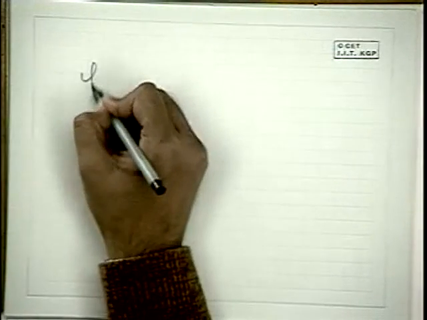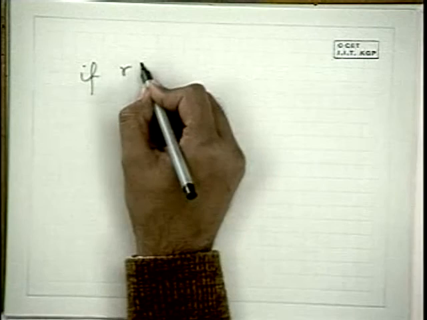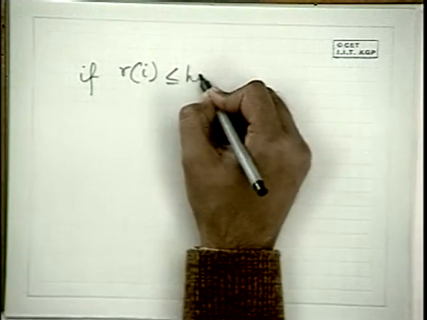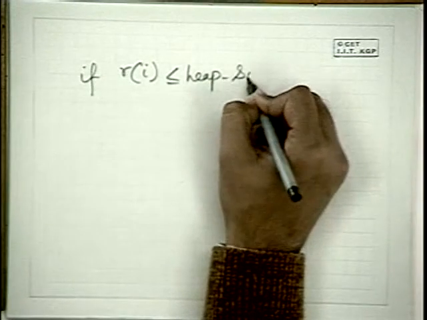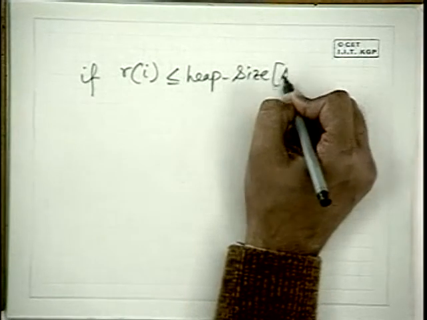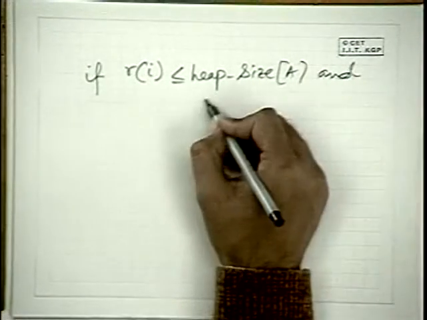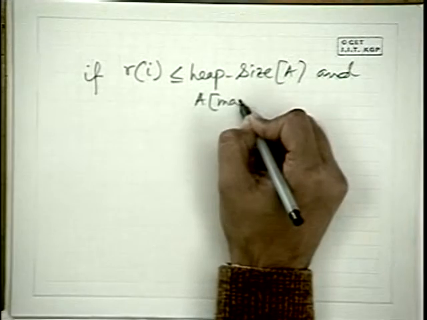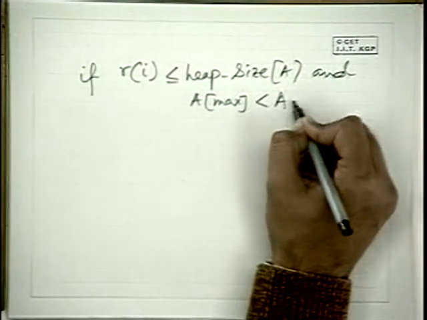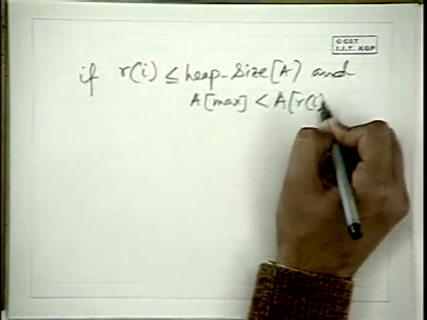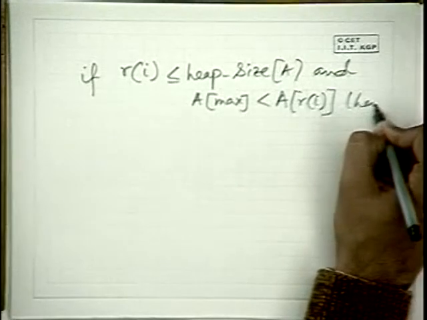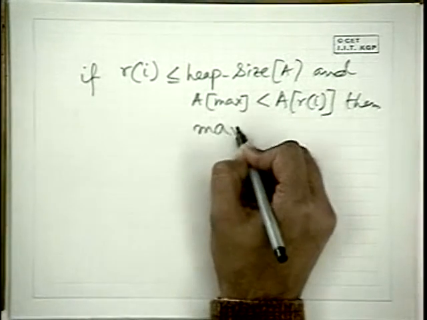Okay, so the next one I write: if Ri is less than or equal to heap size A, and A of max is less than A of Ri, then max is equal to Ri.